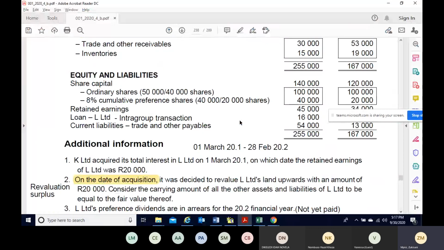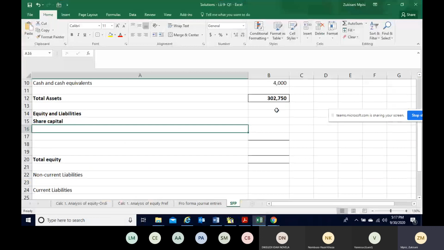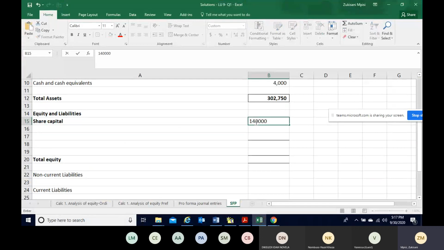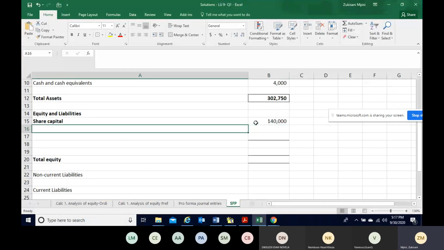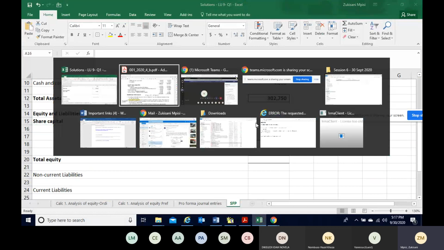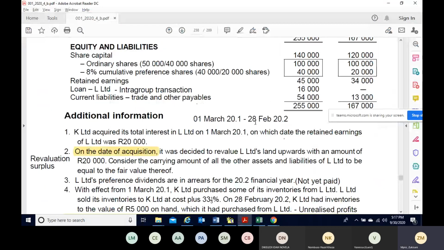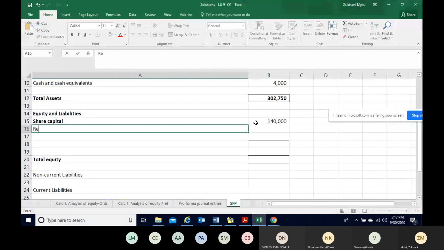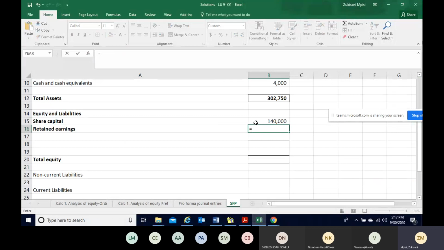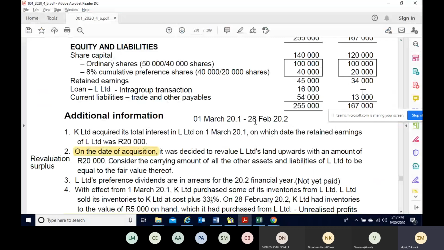Our share capital is made up of ordinary shares and preference shares, and we're only taking the parent's, which is 140,000. We've got the retained earnings, and our retained earnings is going to be 45,000.